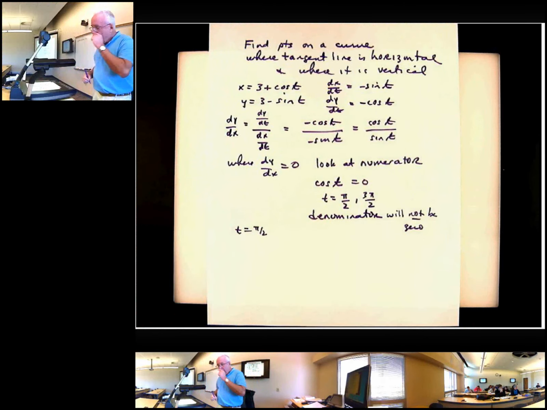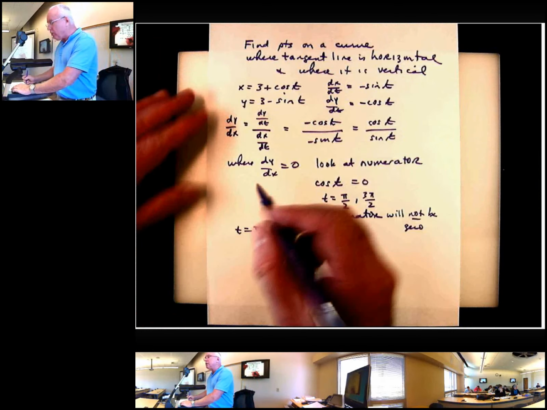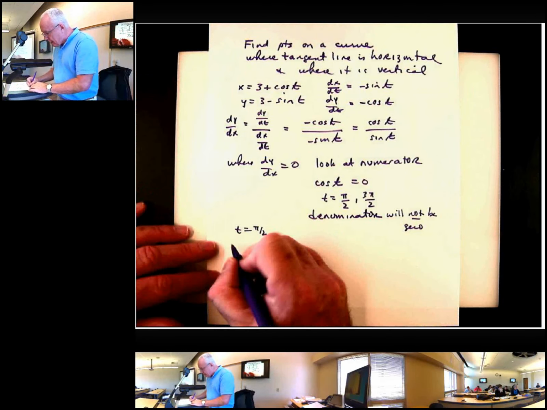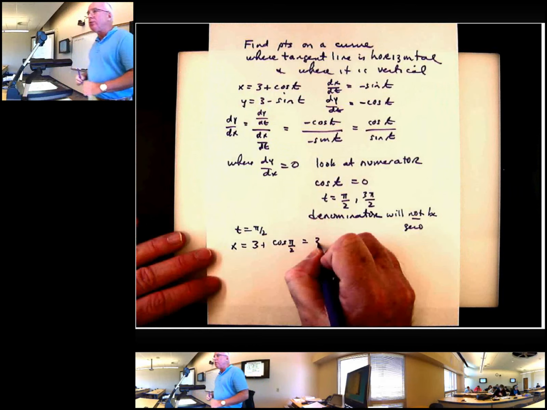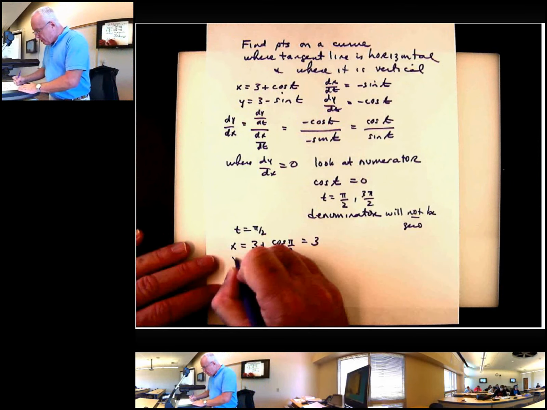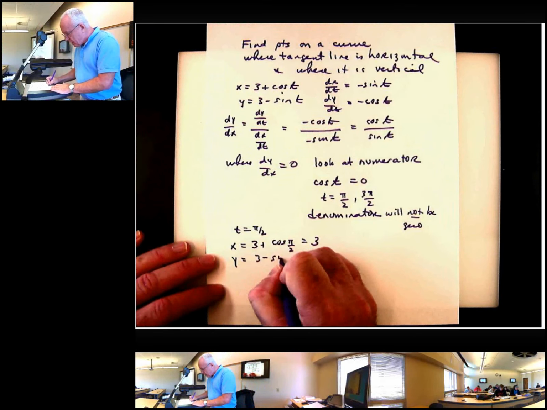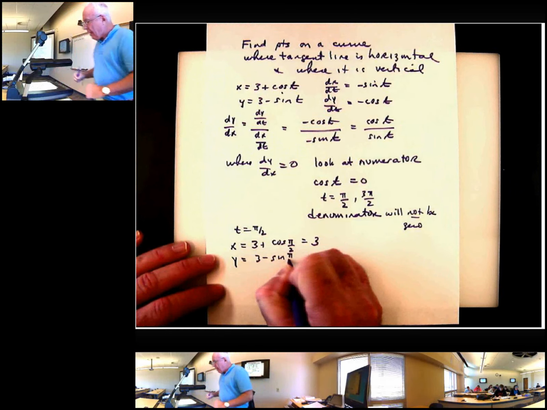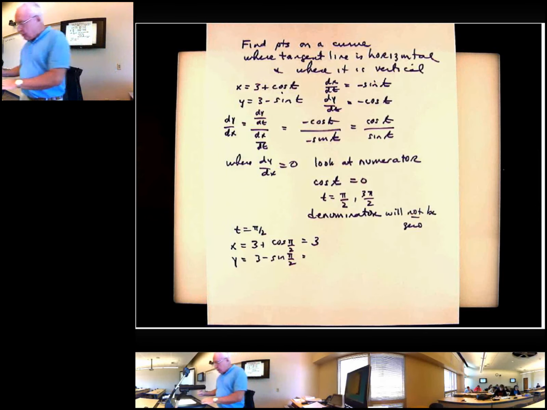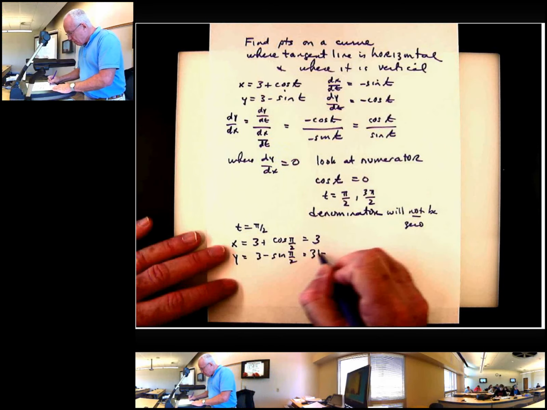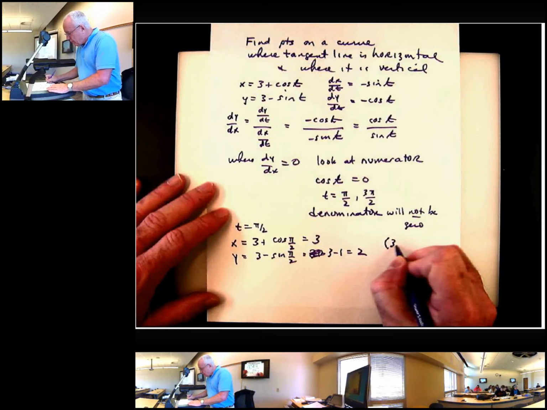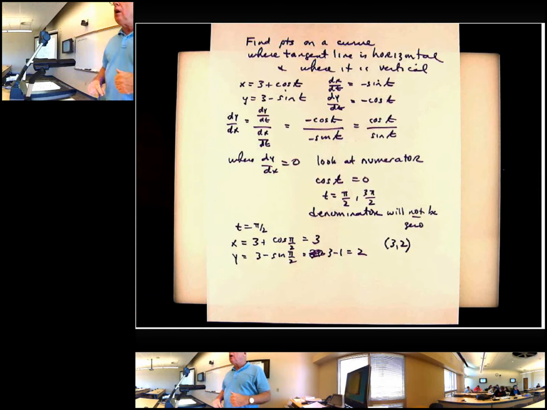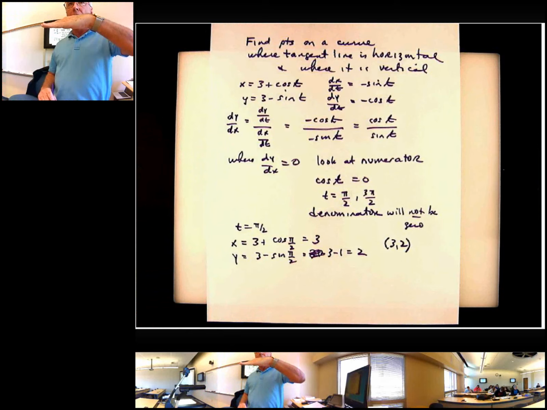Let's plug this into our parametric equations. So x equals 3 plus cosine of pi over 2, which of course is 3 plus 0, so that's 3. Our y value is going to be 3 minus the sine of pi over 2, and sine of pi over 2 is 1, so that's 3 minus 1. So our y value is 2. So we have one point, (3, 2), at which the tangent line is going to be horizontal.